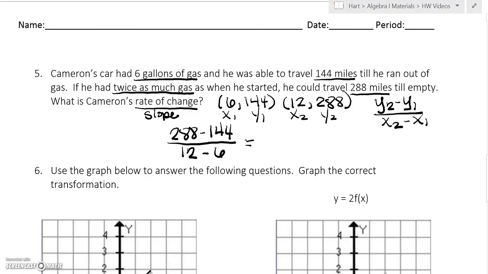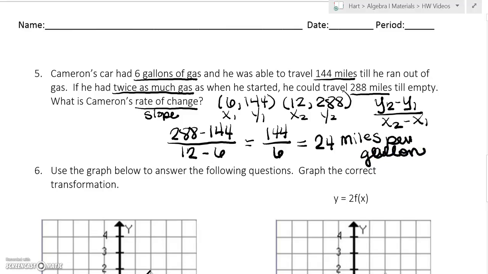So now when we subtract, you do 288 minus 144, and you get 144. And 12 minus 6 is 6. And when you divide those in your calculator, 144 divided by 6, you get 24. So our rate of change is 24 miles per gallon. So that means on every gallon he can drive 24 miles.